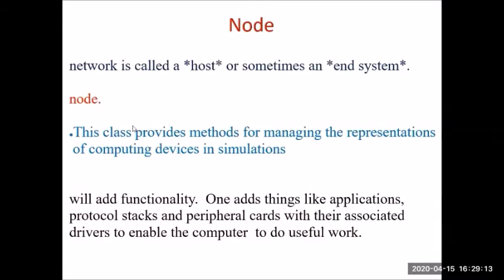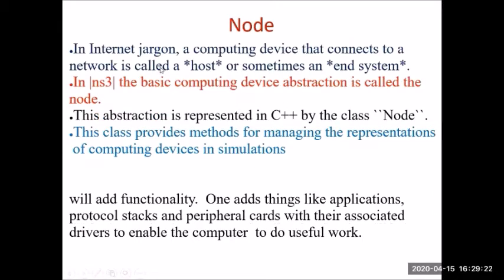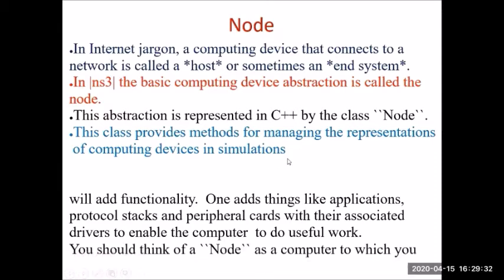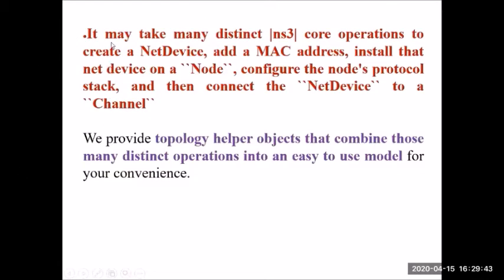Next is we have to create a node. I already told you what is a node, so I'll not go through this again. Node is basically a computing device which is connected to a network. So node class here means managing the representation of computing devices. A node is a simple computer. I also told you what are topology helpers. So please understand this.